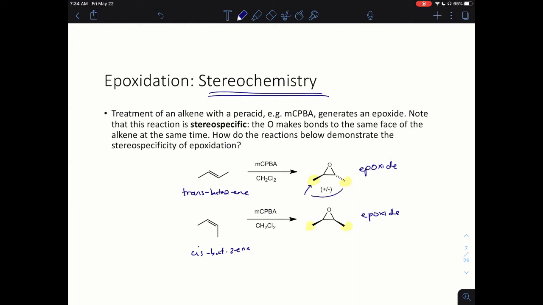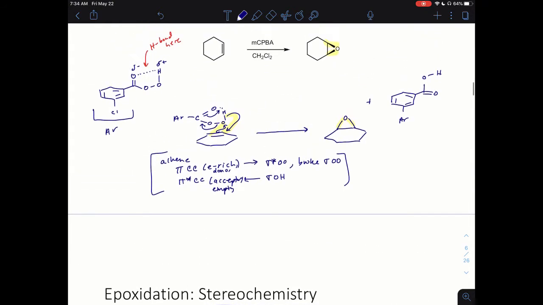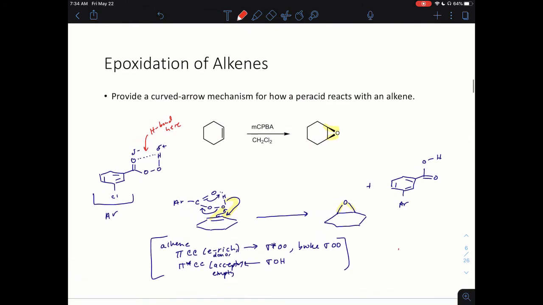So we have the methyl groups trans, their stereochemical relationship is maintained. And then for the cis-2-butene, the 2 methyl groups end up cis. Again, the stereochemical relationship is maintained. So why does the trans alkene make a trans epoxide and the cis alkene make a cis epoxide? That's because the 2 bonds to oxygen are made at the same time.